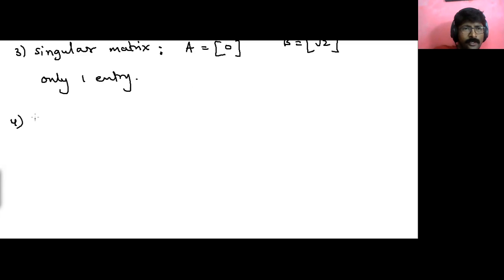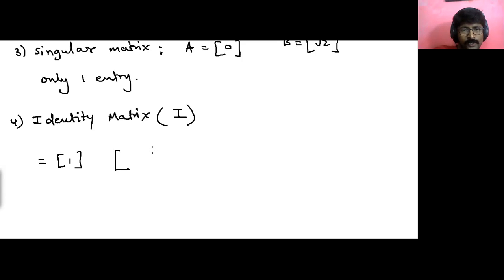Then the next one, the fourth one, you can say identity matrix. Generally, it is denoted with the capital letter I. It is denoted like this: 1, or else if it is 2 by 2, 1 0 0 1.